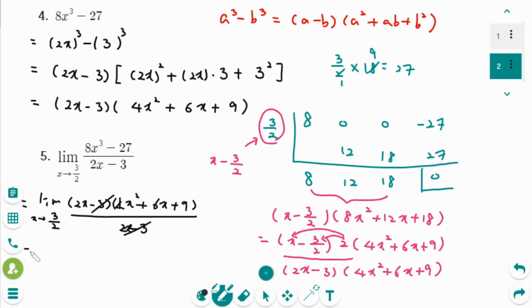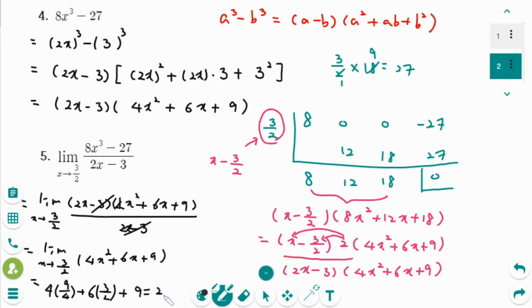So cancel out. Put 3 over 2 here. So 4 times 9 over 4 plus 6 times 3 over 2 plus 9 equals 27. It's your choice to factor using the difference of cubes, this one, or synthetic division.